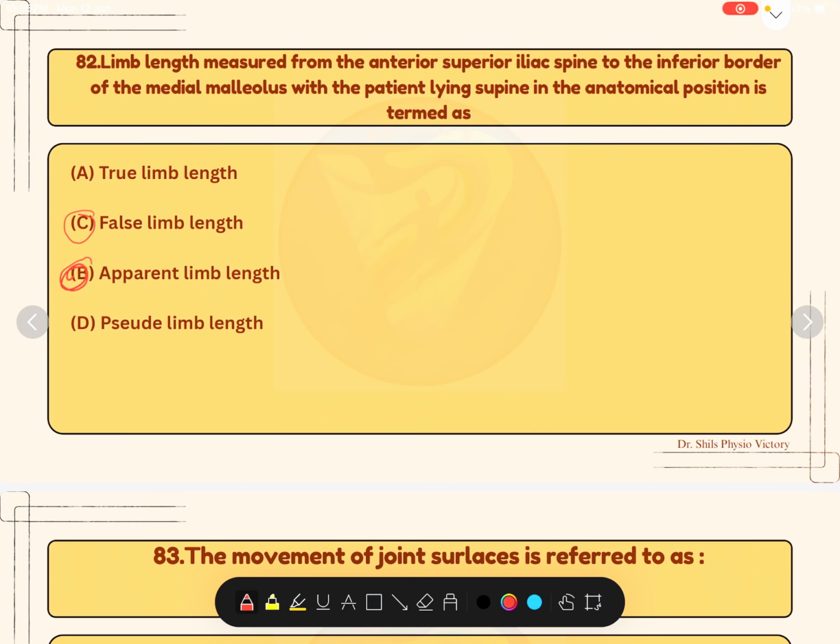Here, the correct answer is very easy. Option A is the correct answer, true limb length.